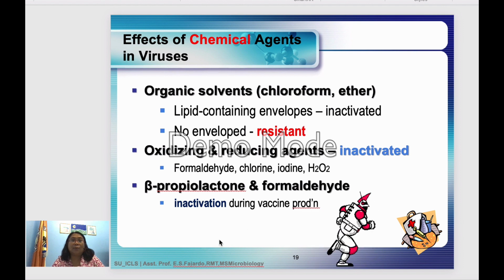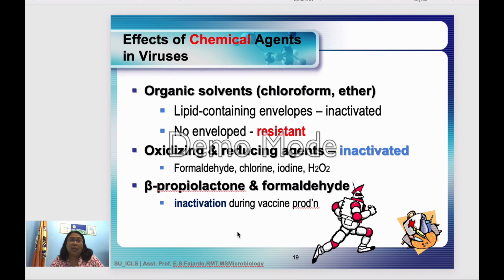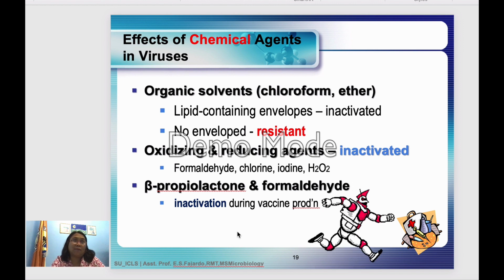And then another one, we have the beta propiolactone. Beta propiolactone mixed with formaldehyde is effective in inactivating, especially if you're preparing vaccines.